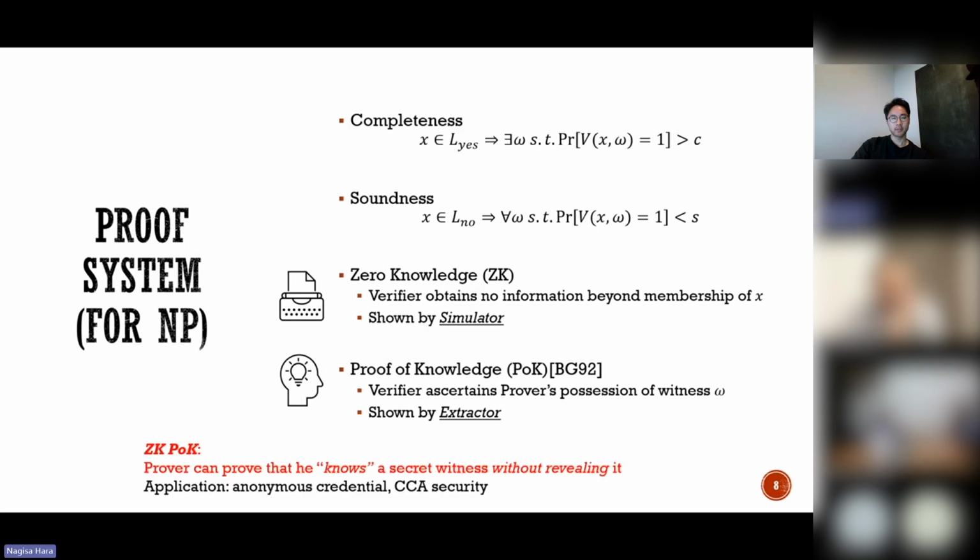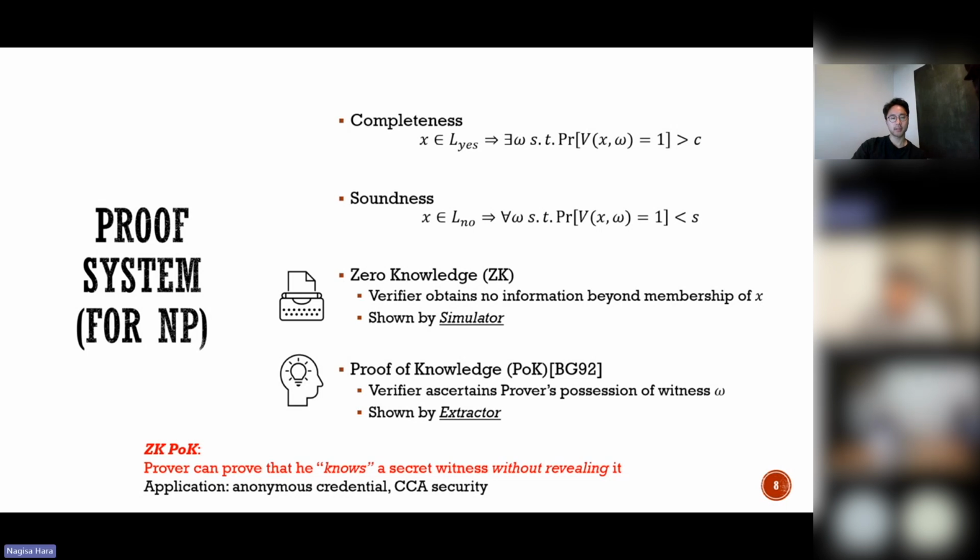Especially if the proof system has zero knowledge and a proof of knowledge, then you will have a sort of counter-intuitive conclusion: the prover is able to prove that he knows the secret witness without revealing it.